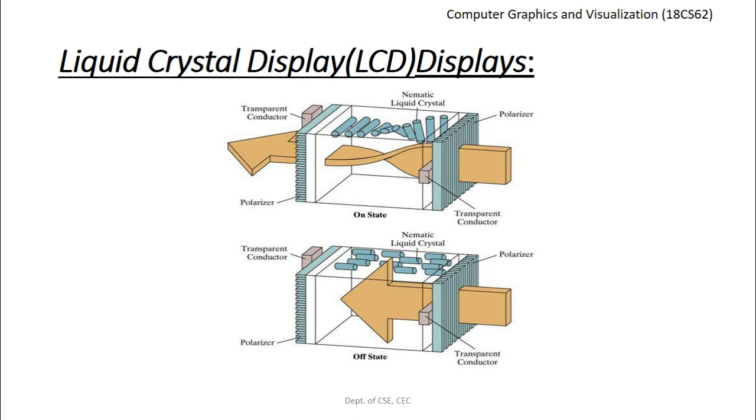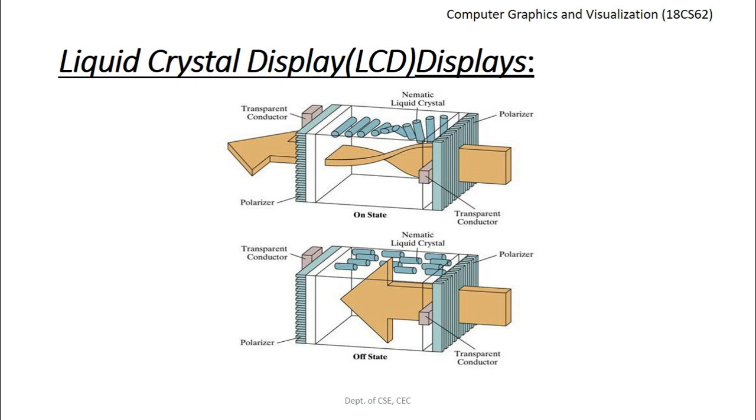In the on state, the polarized light passing through the material is twisted so that it will pass through the opposite polarizer. In the off state, it will reflect back towards the source. So that is how the LCD display works. So here we have two glass plates, each with a light polarizer at right angles to each other, which sandwich the liquid crystal material between the plates.